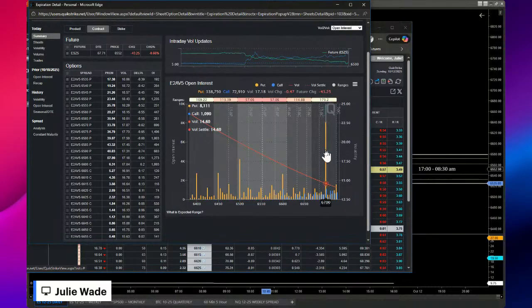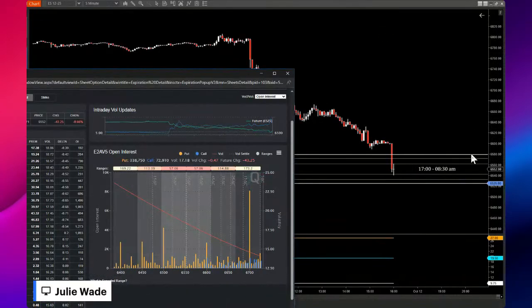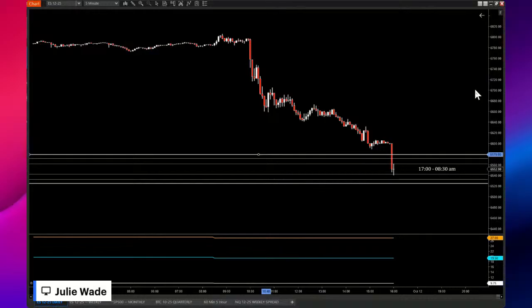So 6,700 is the large put, and that's way up here. So that break of 65.79 would likely go to 6,700.